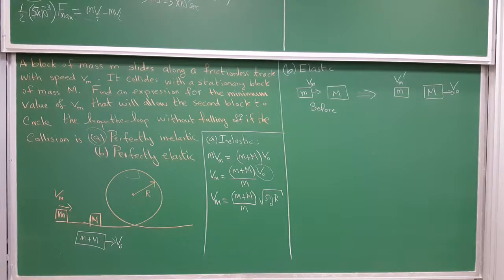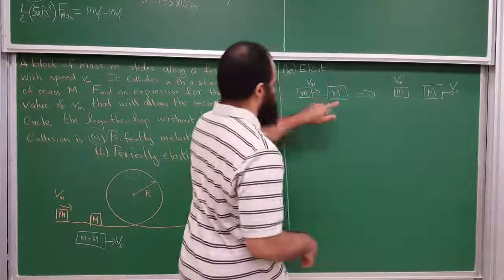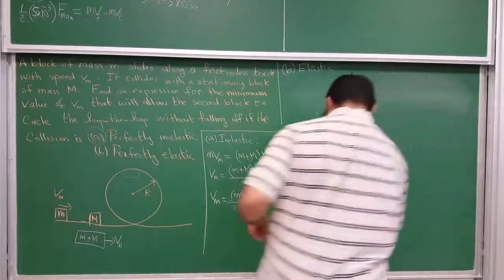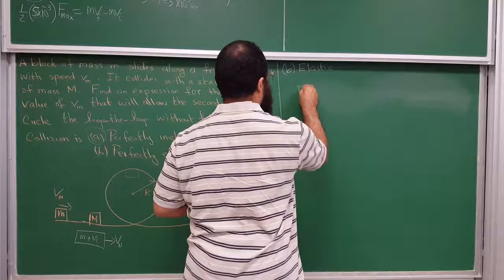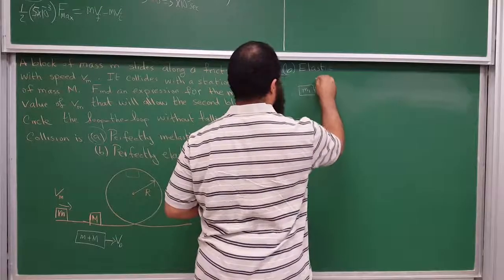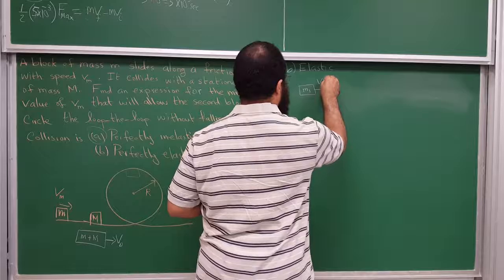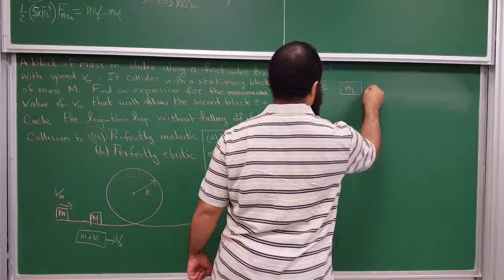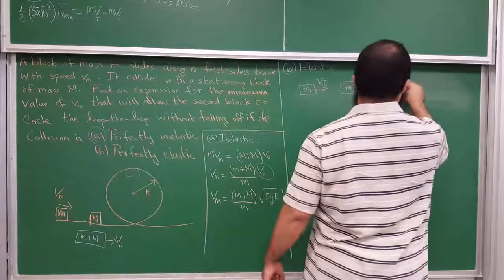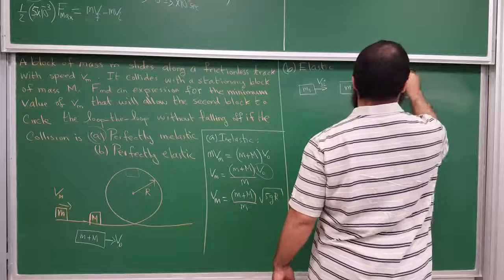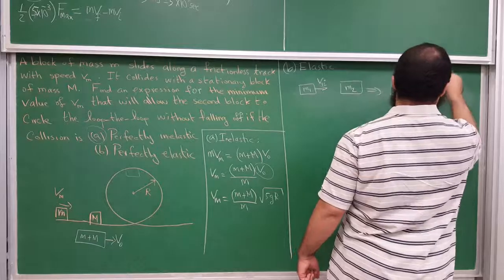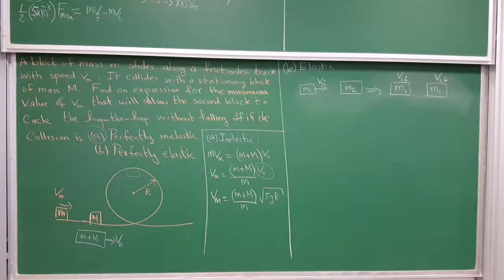Actually, let me draw it the way we learned about it in lecture and then do it for this particular situation. I will label this one M1 and this one M2. If it's elastic, and you have M1 coming in with speed V1 initial, and M2 is not moving, then afterwards you would have M1 with some speed V1 final, and M2 with some speed V2 final. I think this is the notation, but let me double check.